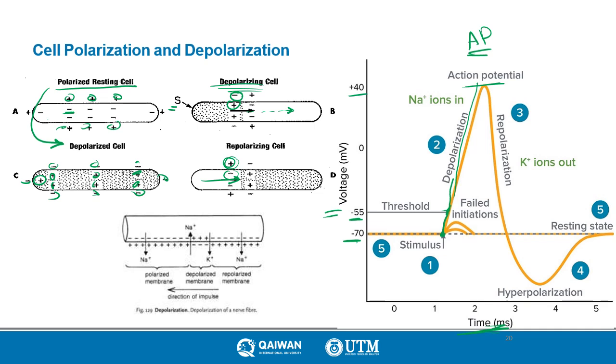Then the repolarization stage will take place in this way until reaching the resting state. So the steps are 1, 2, 3, 4, 5. Like here we have 1, 2, 3, 4, and 5, and back here to number 1.